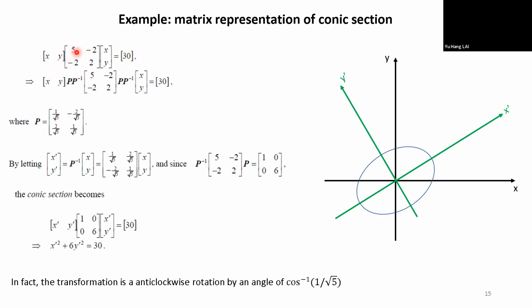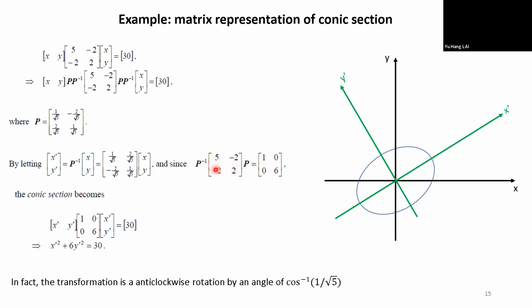Suppose I know that this matrix for sure can be diagonalized. You can see that this is a symmetric matrix. So suppose I diagonalize this matrix, such that the result is over here. Look at this line first. If I diagonalize this matrix, then this is what I have.